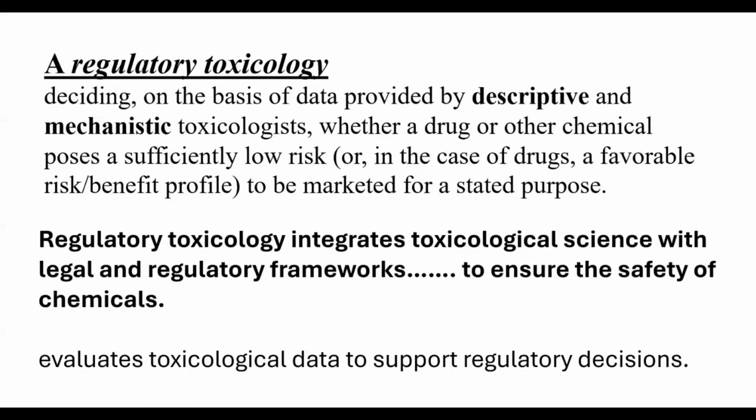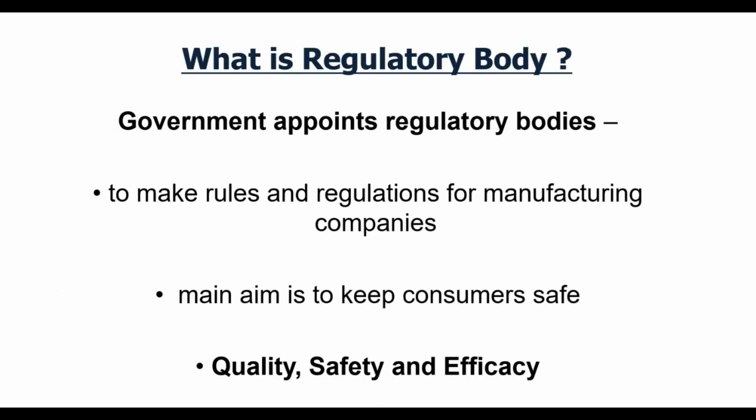What is a regulatory body? The government appoints regulatory bodies. Each country's government has its own regulatory bodies. Sometimes there are different regulatory authorities regulating drugs, agrochemicals, industrial chemicals, and medical devices, or sometimes they are the same one. Small countries have only one regulatory authority, while most countries have two: one controlling pharmaceutical products and another for chemicals, medical devices and other things.